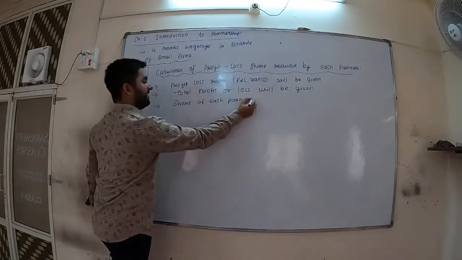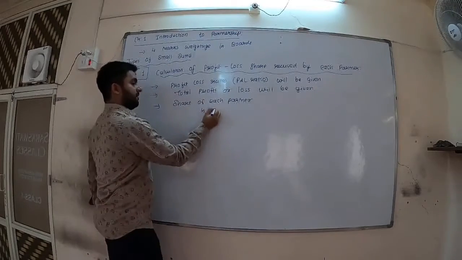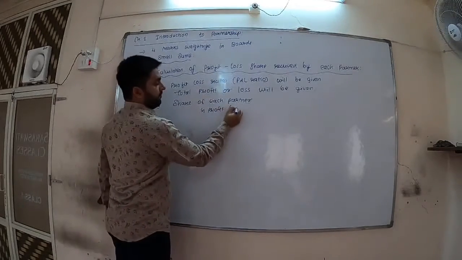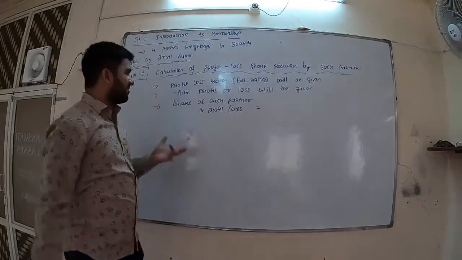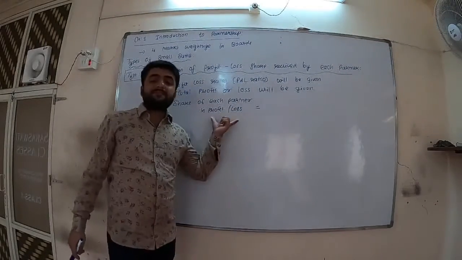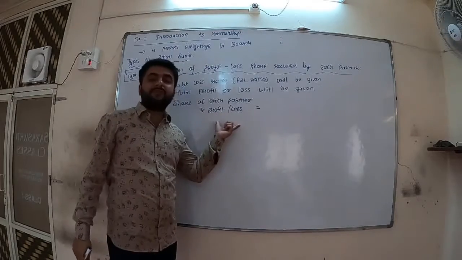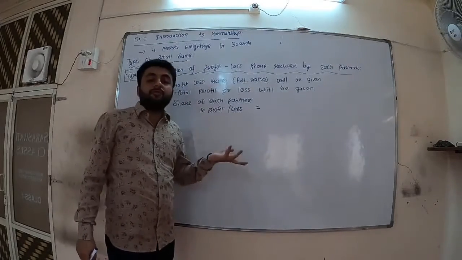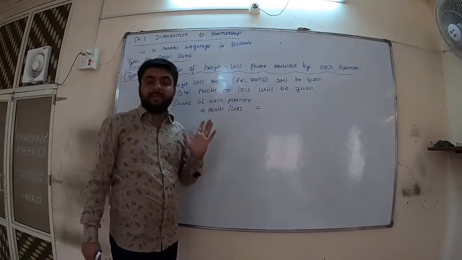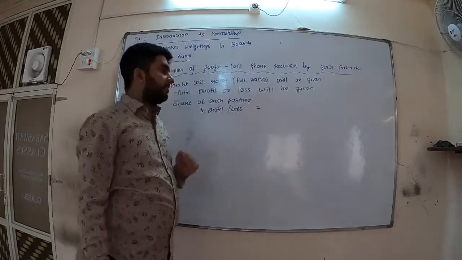The share of each partner in profit or loss, means a ratio will be given. Now each partner's share in profit and loss can be calculated through this formula or through a trick for the calculator, which I will also teach.